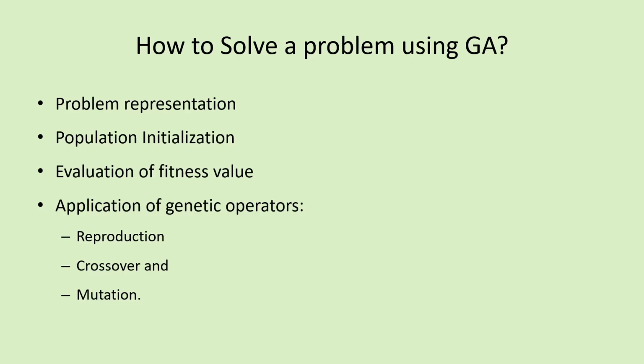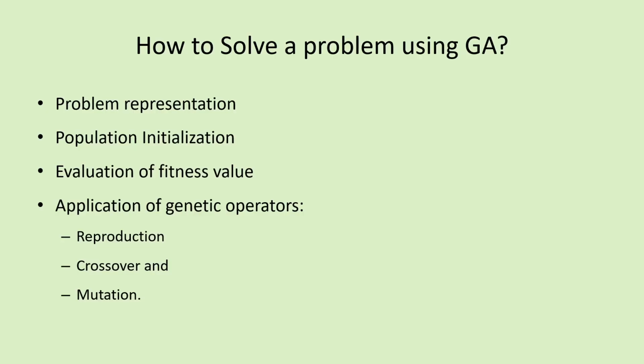How to solve? You all very well know from our past presentation the general steps of genetic algorithm. What are the general steps? Problem representation, population initialization, evaluation of fitness value, application of genetic operators and reproduction, crossover and mutation. These genetic operators are repeatedly applied in order to obtain the best fitness value.